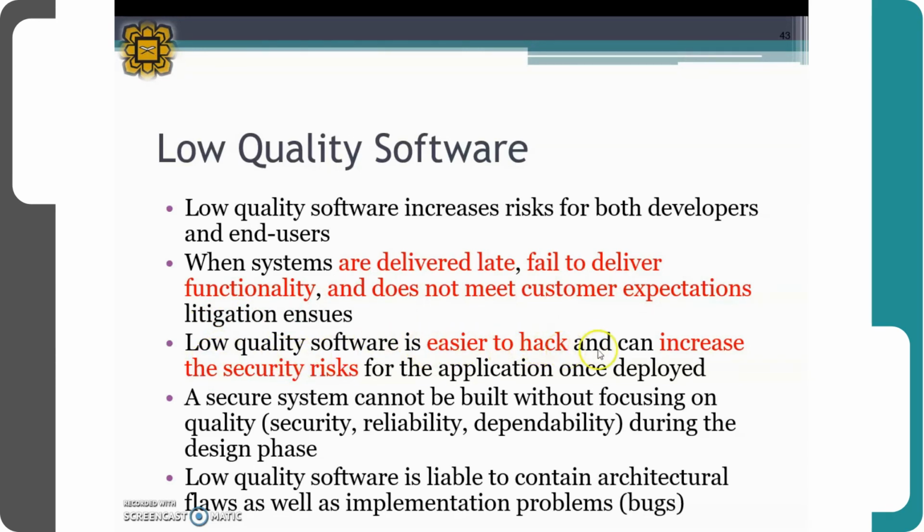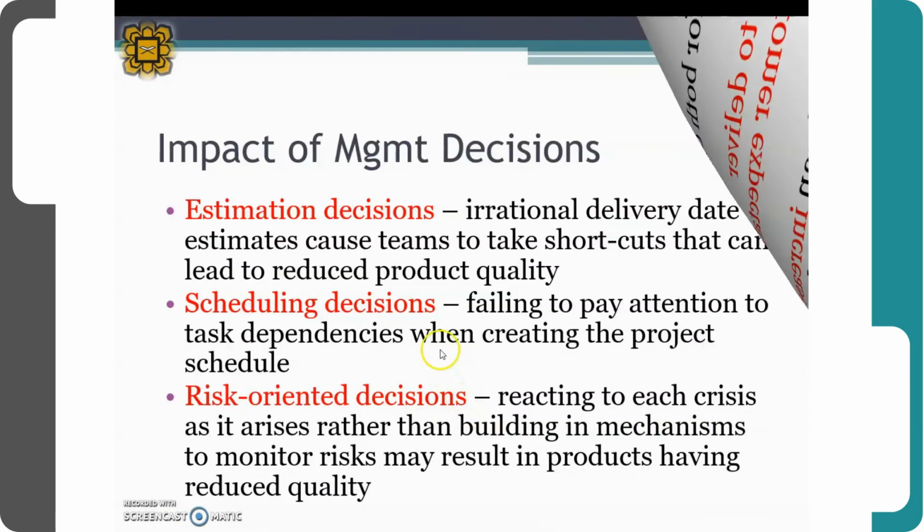That means it is not safe and can increase security risks for the application once it is deployed. Low quality software is also liable to contain architectural flaws as well as implementation problems. When you have architectural flaws and have to maintain the software, you have to change a lot of things in order to cater for the problem.